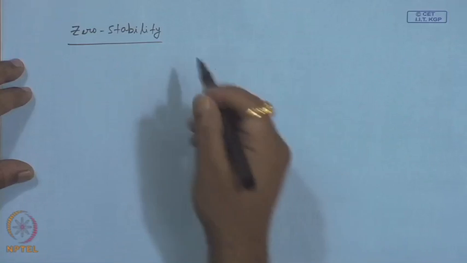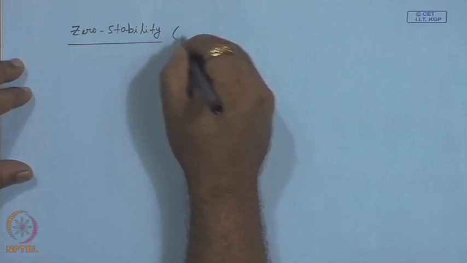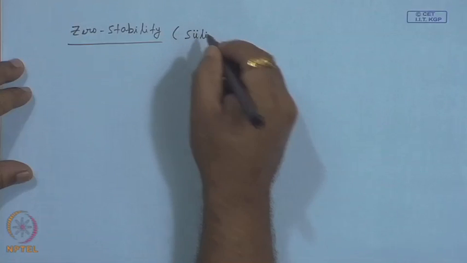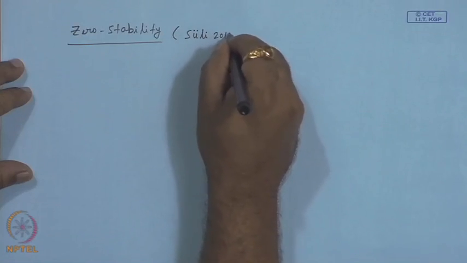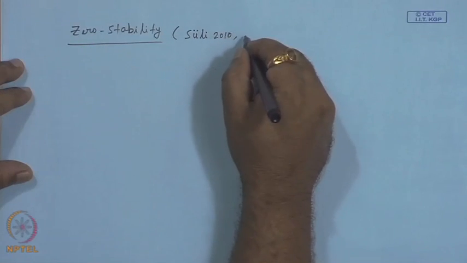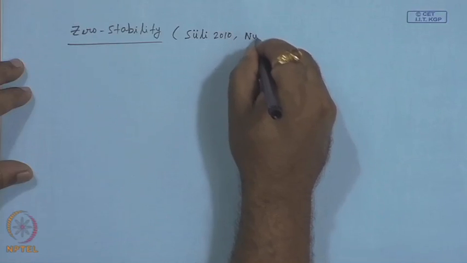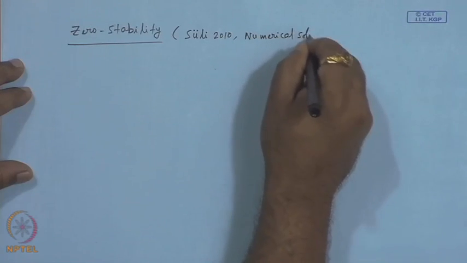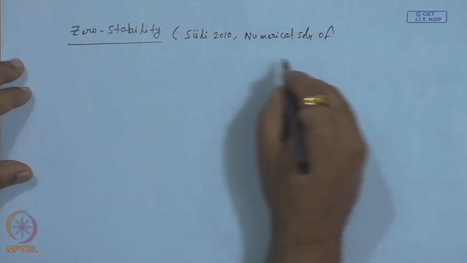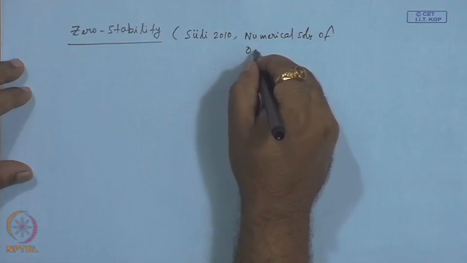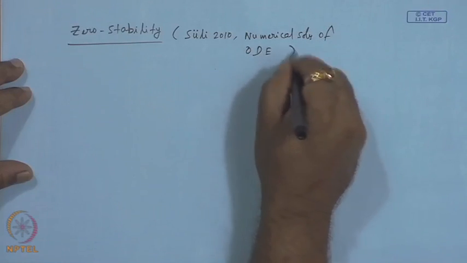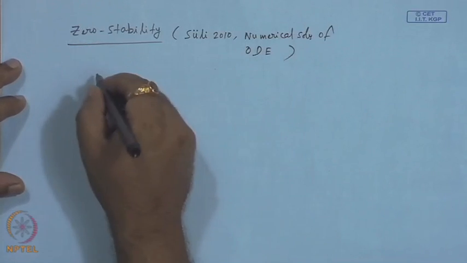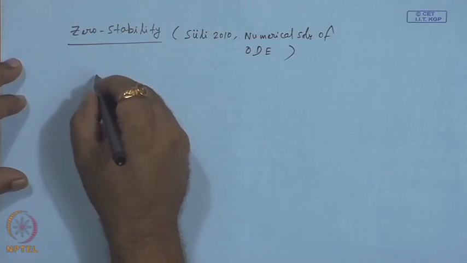Some of the definitions I am taking from a book, Lambert, Numerical Solutions of Ordinary Differential Equations. So, let us define what is zero stability.